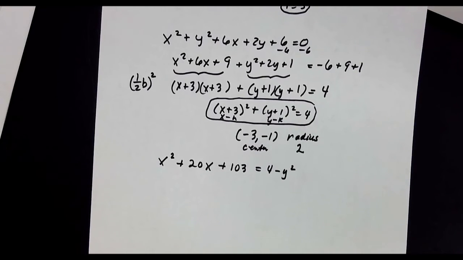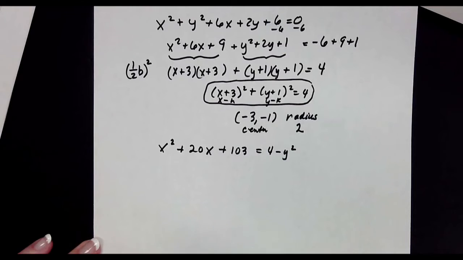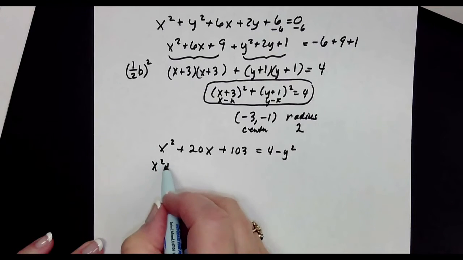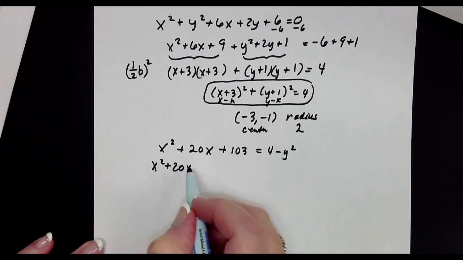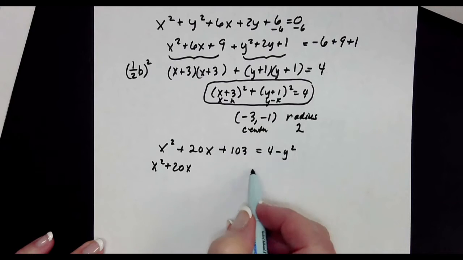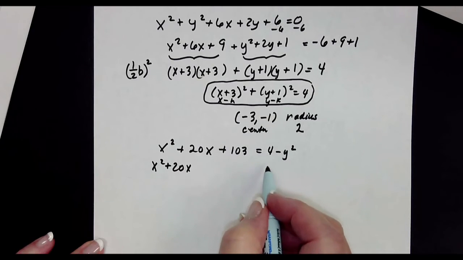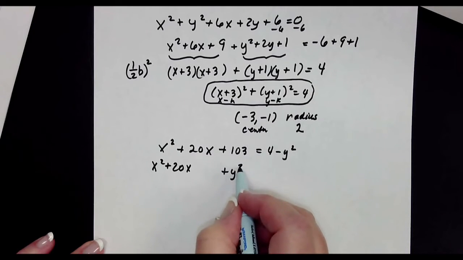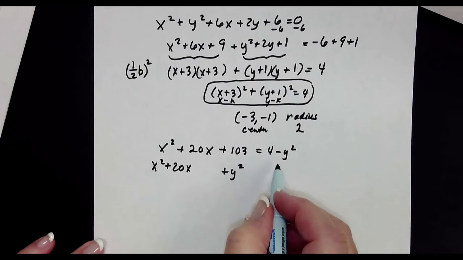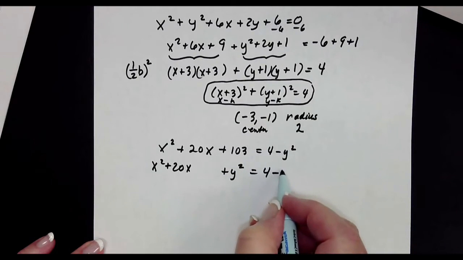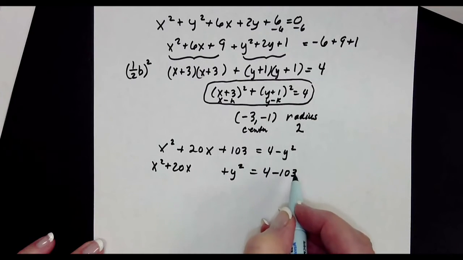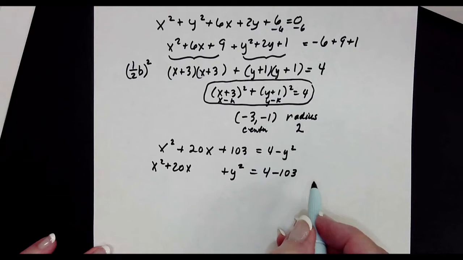So we're still going to put it in order. So the x's are already in order. X squared plus 20x. Now I'm going to bring the y squared over here by adding it. So adding it over here would be plus y squared. But I'm going to subtract the 103 to the other side, which would give me 4 minus 103. So we're okay with that step.